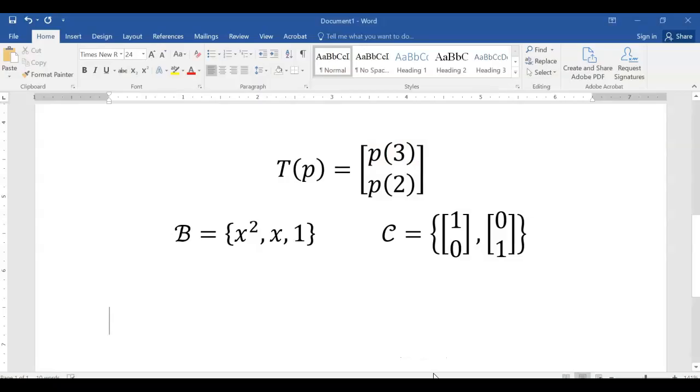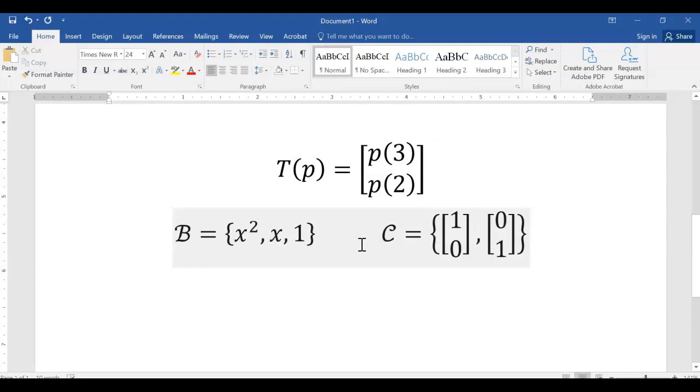All right, so let's go ahead and do that. So here we go. Take our elements from polynomials of degree 2 or less and send them over to R2. Now this is what we're going to use for our basis for polynomials of degree 2 or less. There's x squared, x, 1, and the standard basis for R2.